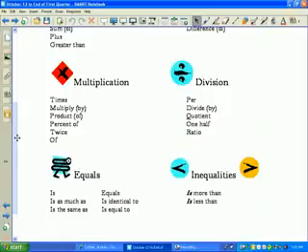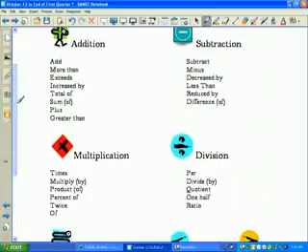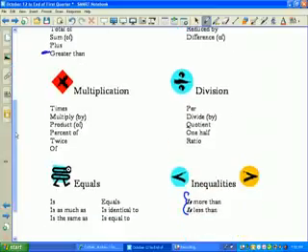So one of the things that I didn't have up on my board during the activity was the inequality section. If you notice with the inequality section, it has these two phrases, "is more than" or "is less than." You'll probably have seen "more than" and "less than" under addition and also under subtraction. Okay? When you just see plain old "more than," or sometimes plain old "greater than," or just plain "less than," that means we're talking about the addition and the subtraction operation.